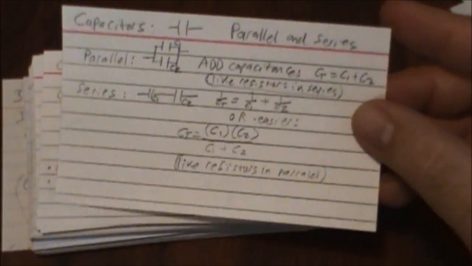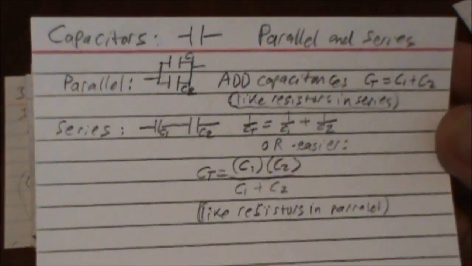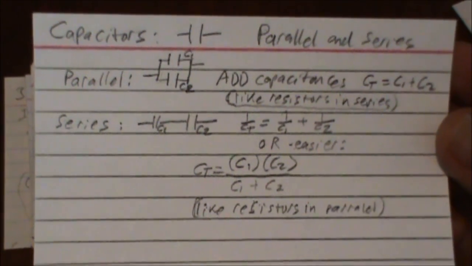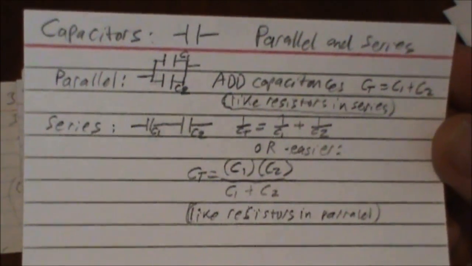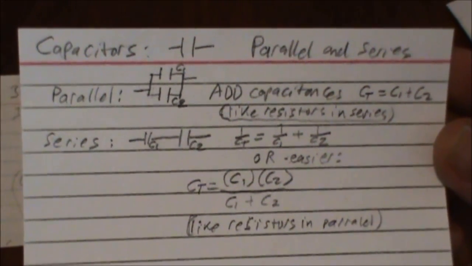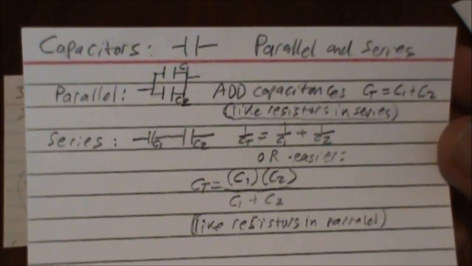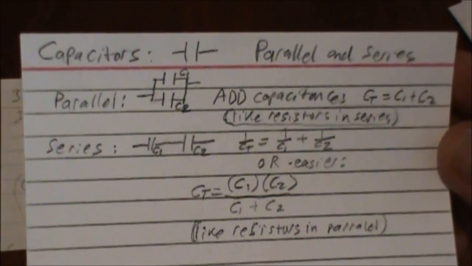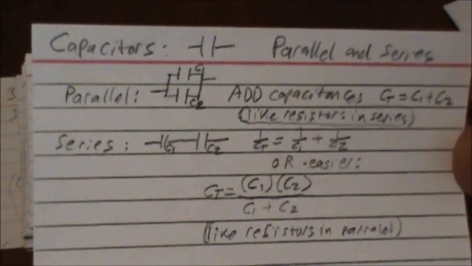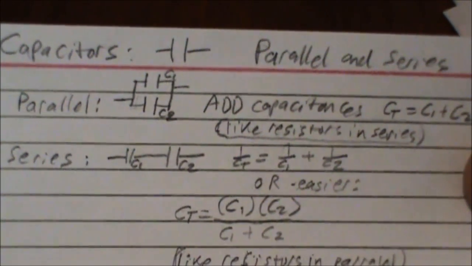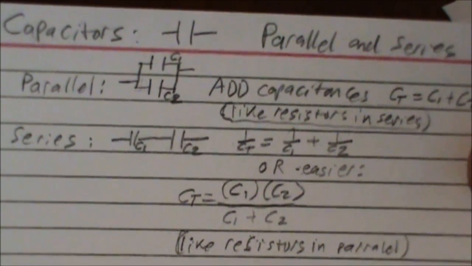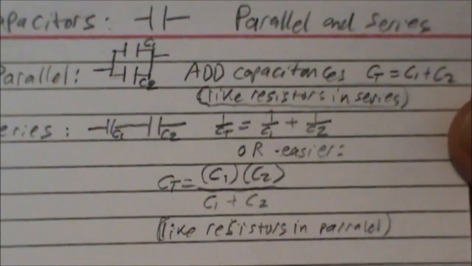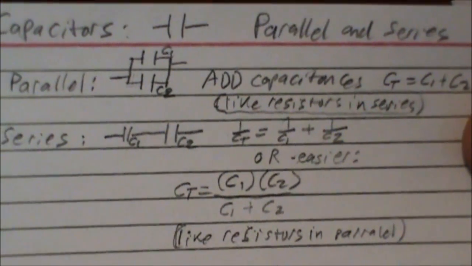Now, when you have capacitors in parallel and series, it works the opposite of resistors and inductors in parallel and series. So in parallel, capacitors add like resistors in series. If you have two capacitors and know their capacitance in farads, you just add them up.